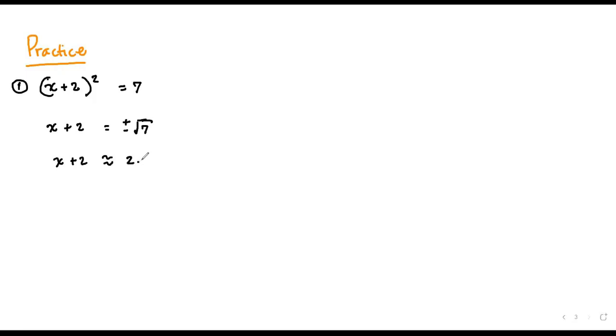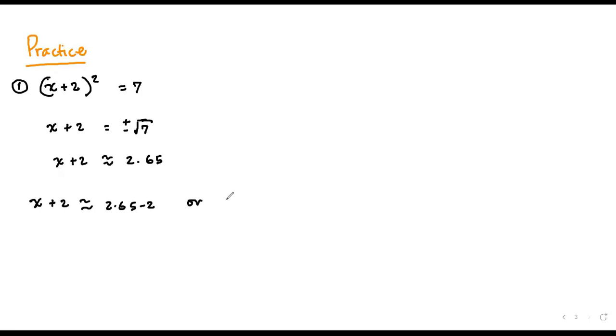2.645. So 5 will make 4 become 5, so we write 2.65. Very good. Okay, now we get two equations. Number 1, x plus 2 is approximately equal to 2.65, so x is approximately equal to 2.65 minus 2.